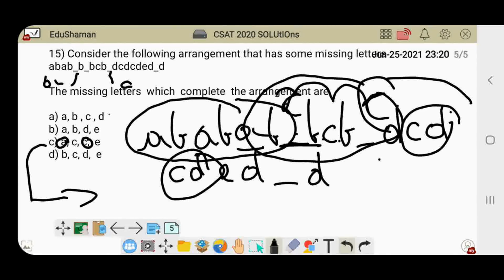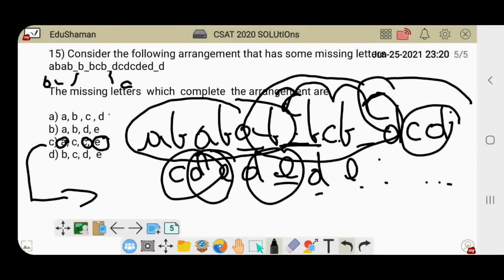So option C is the right answer, we already confirmed. If I put this E over here, then I would get the D pattern continuing, and so forth. Okay, so let's go to the 16th question.